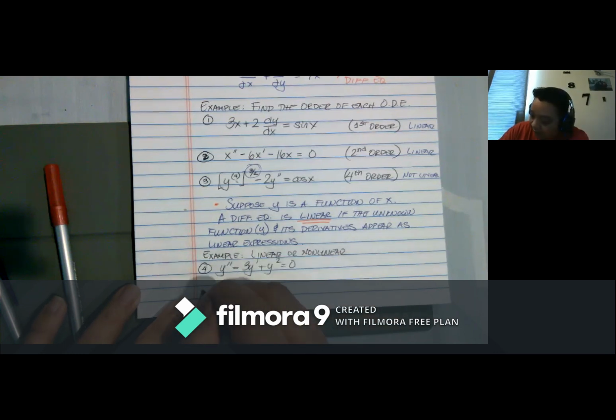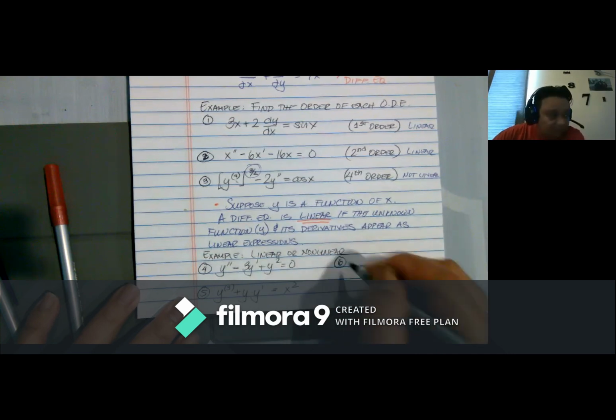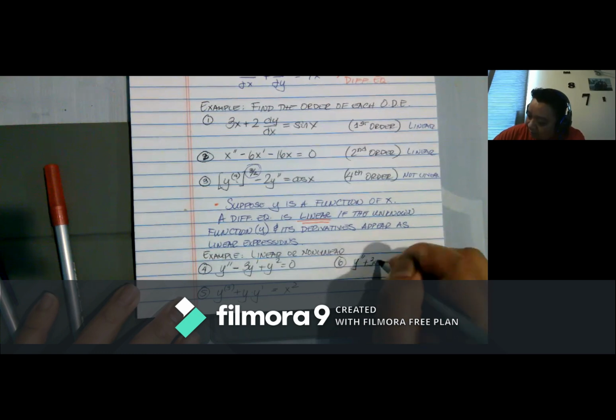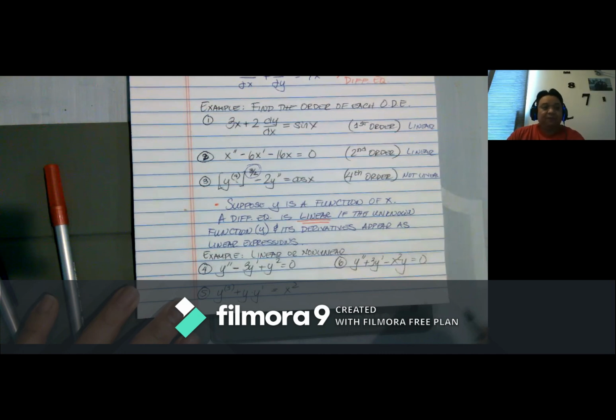Number 5: the third derivative plus y times y prime is equal to x squared. Number 6: y double prime plus 3y prime minus x squared y is equal to 0.